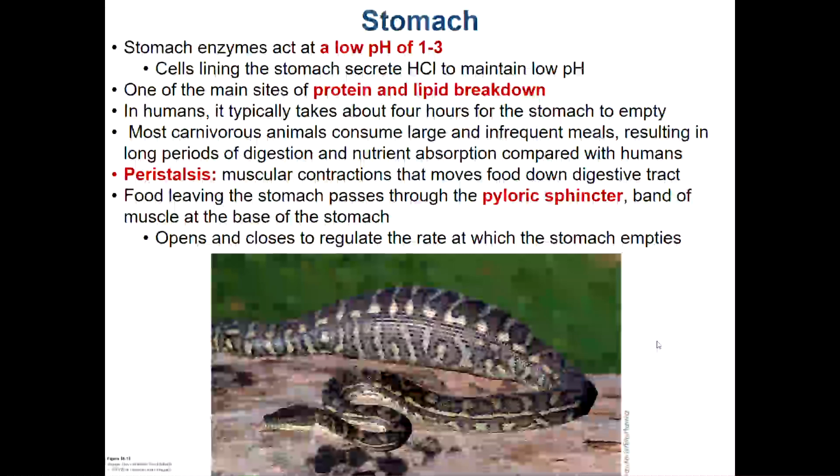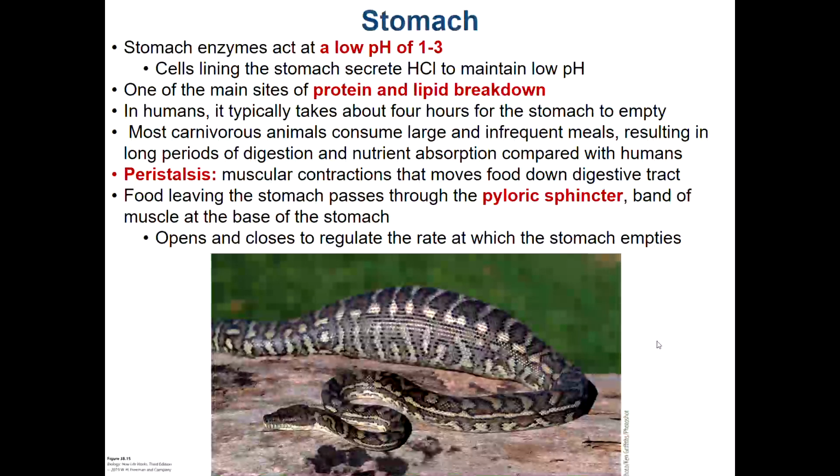So for example, snakes that engulf large prey whole elevate their metabolic rate to high levels during digestion and spend several days digesting and absorbing the nutrients from their meal. So they have a large meal, they take a long time to digest it, but they do not need to eat as often as we do.